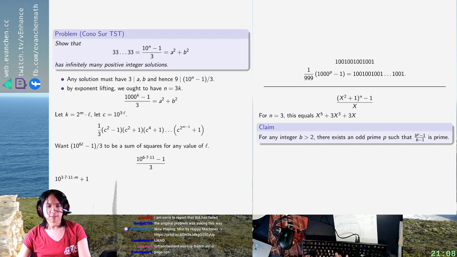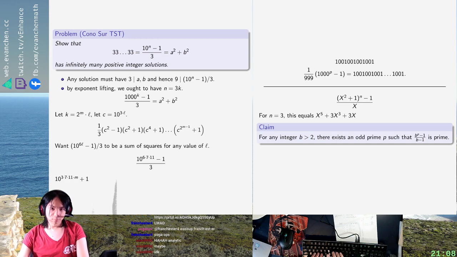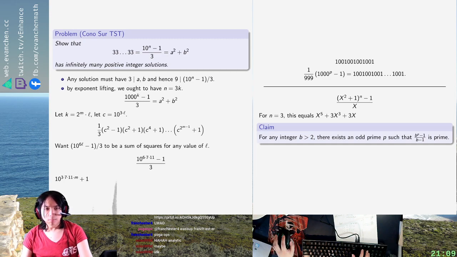Okay, actually now I'm curious. Are rep units ever prime? Well, okay, this is not true, I think.